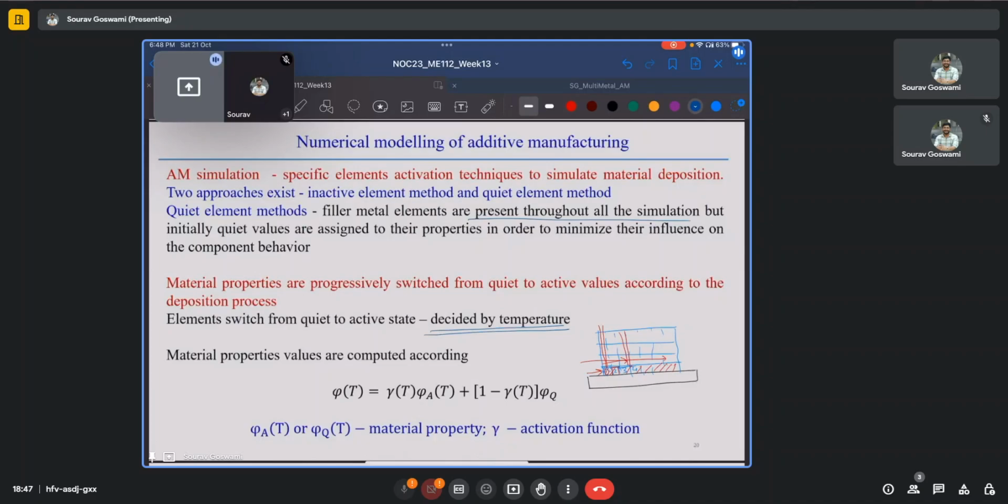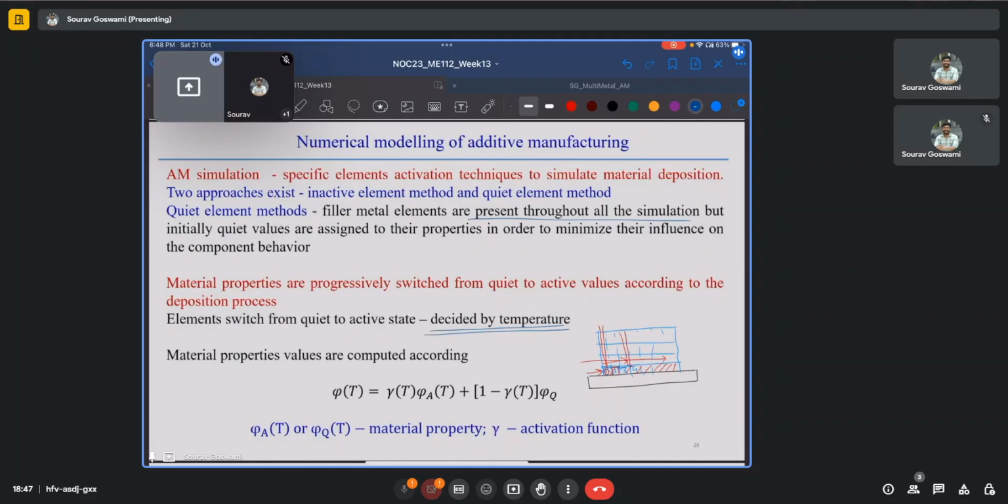And one of the simple formulations for computing these material properties is, say, where phi is any material property and gamma is the activating function. So the overall material property phi as a function of t will be the sum of gamma as a function of t times phi a as a function of t, which is the material property of, say, the material in element 1, plus 1 minus gamma t times phi q, where phi q can be the material property of the adjoining or next element.